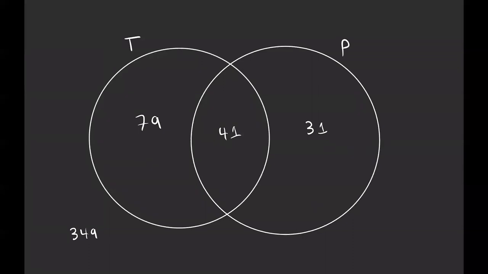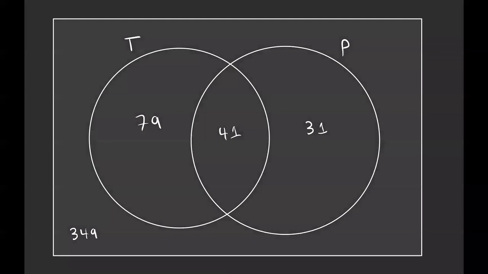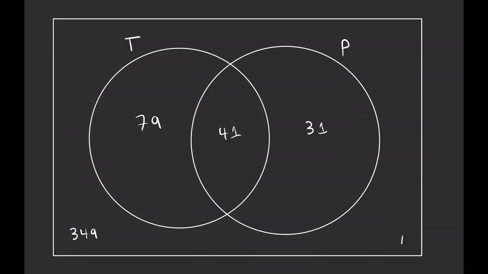Just to be good, what we like to do here is encapsulate all of this in a nice big rectangle. And we say, hey, this is the universe. So just giving it a label, U, just like T and P for the tattoos and the piercing, we like to label U. And you notice how simple this was.